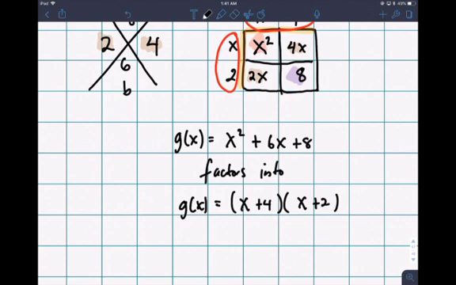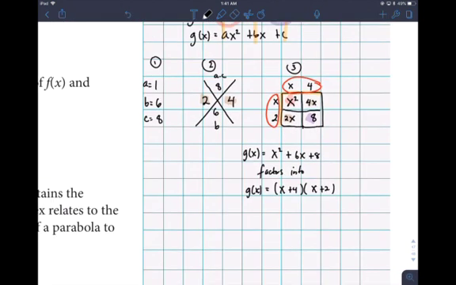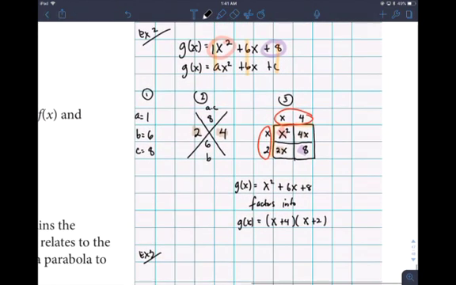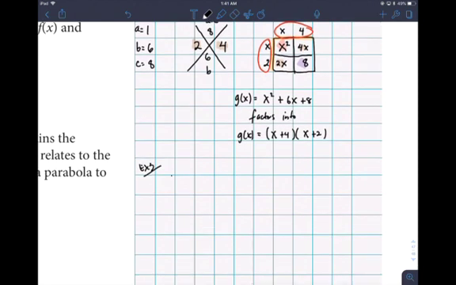Okay, so we'll do one more example. A little bit more complicated. So we're going to call this one again f of x.